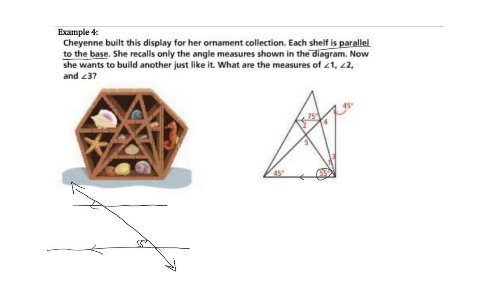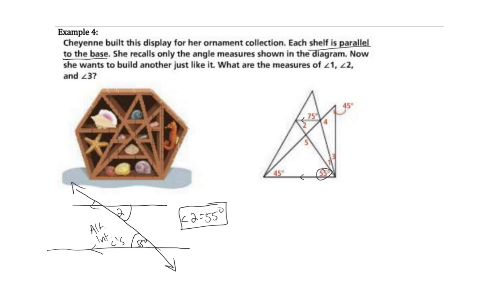And then angle 2 is right here. Now, we can say angle 2 is equal to 55 degrees. Why is that? Because they are alternate interior angles. And that brings us back to the first section. They're alternate interior angles, which we know are congruent. Therefore, angle 2 is equal to 55 degrees.